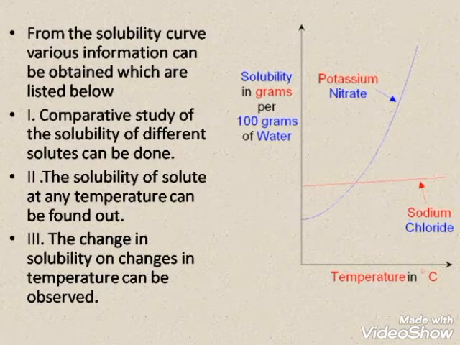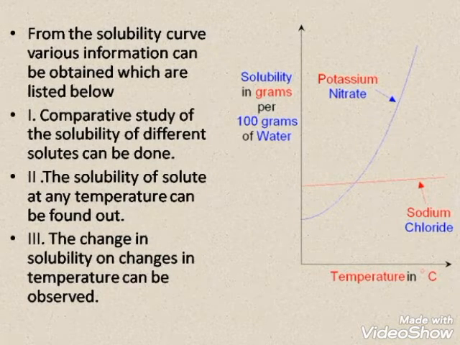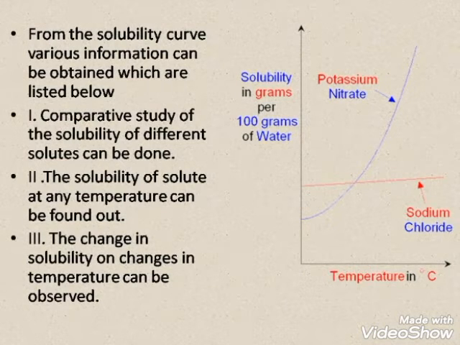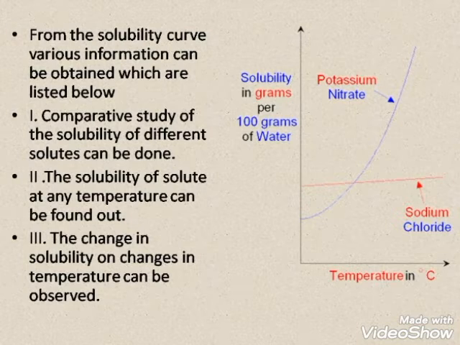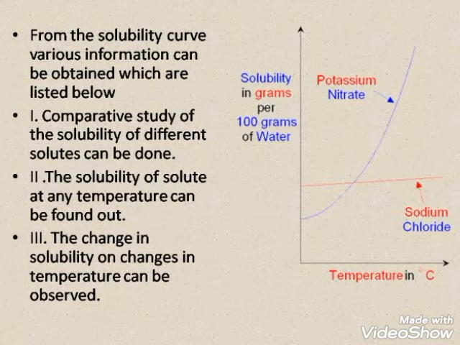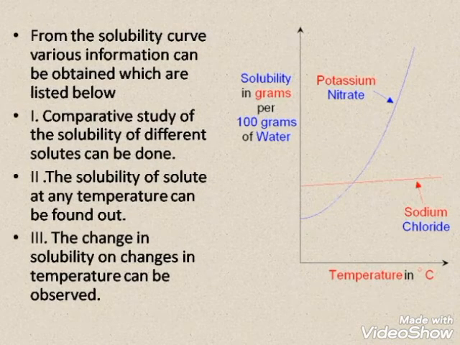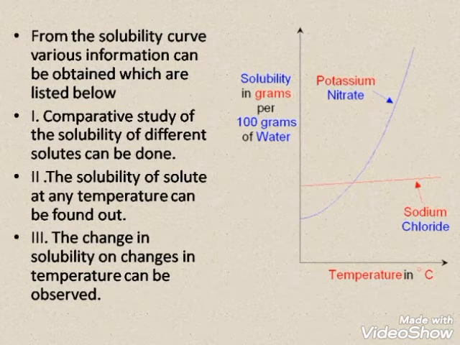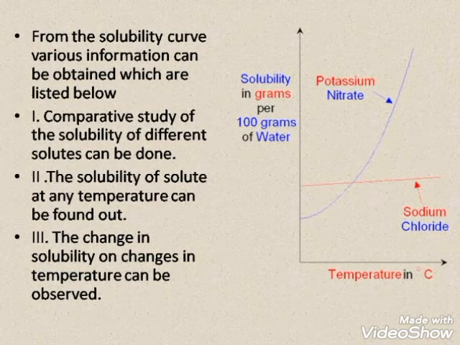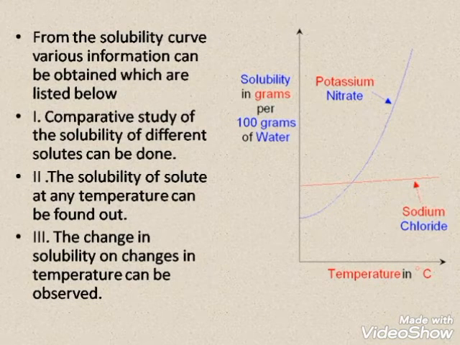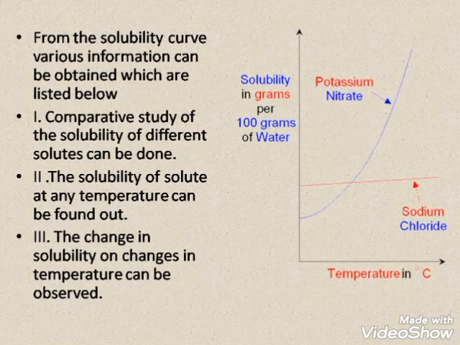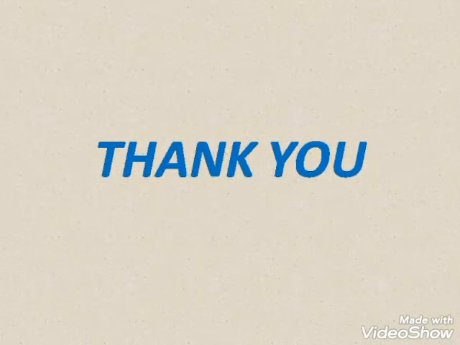In this graph, you can see that we have compared the solubility of potassium nitrate and sodium chloride, taking a fixed amount of solvent, that is 100 grams of water. At different temperatures, potassium nitrate shows an increasing trend, a sudden increase, whereas sodium chloride doesn't show much significant change in solubility. So by using this solubility curve, we can get various types of information.